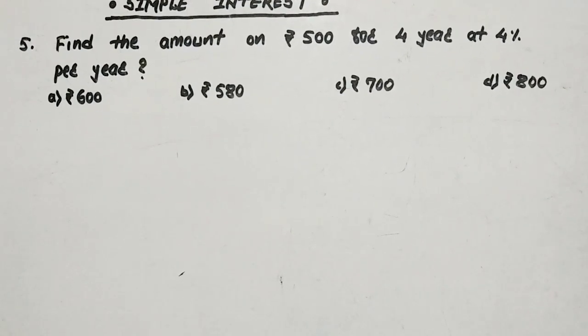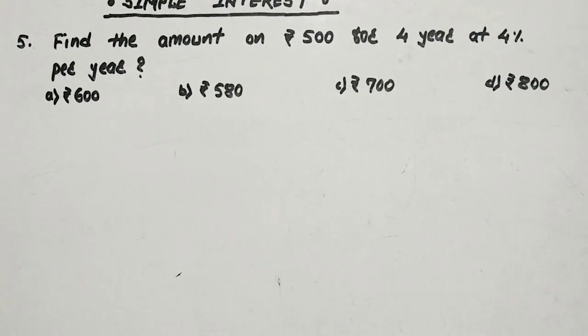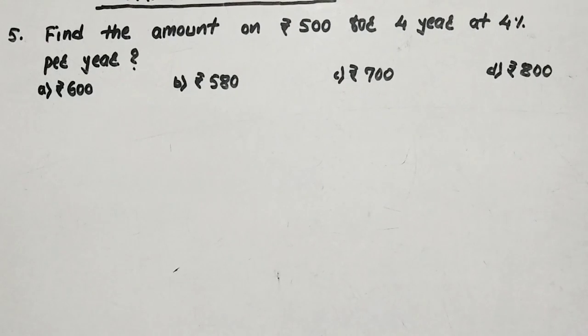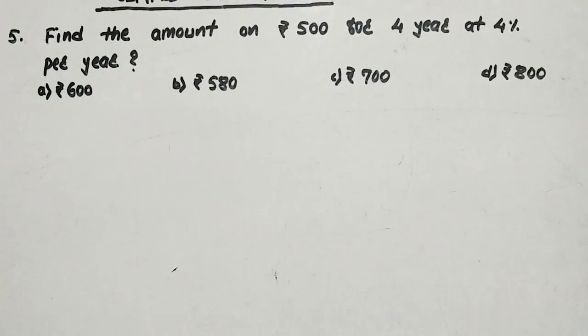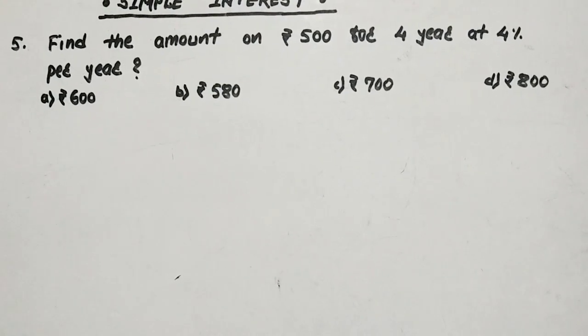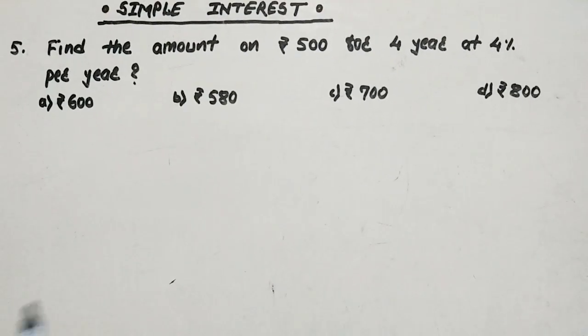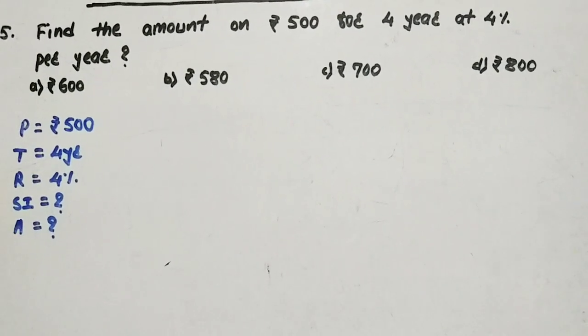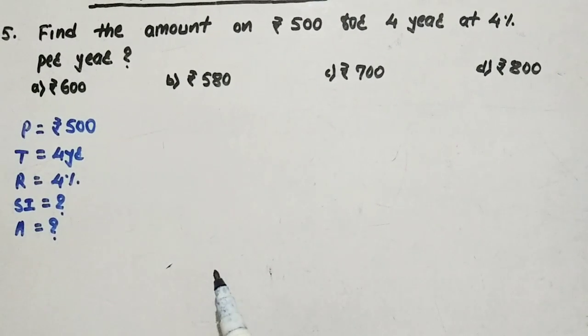First we find out the values: principal is equal to 500, rate of interest is equal to 4%, time is equal to 4 years.